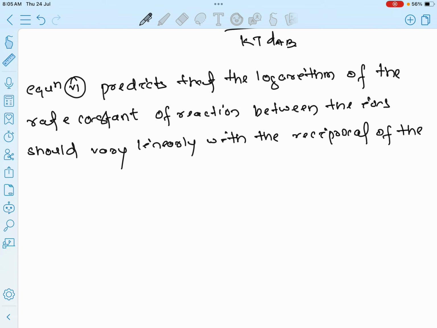That's the linear plot we have got, with the reciprocal of the dielectric constant.